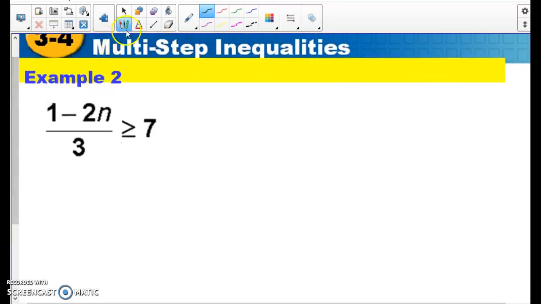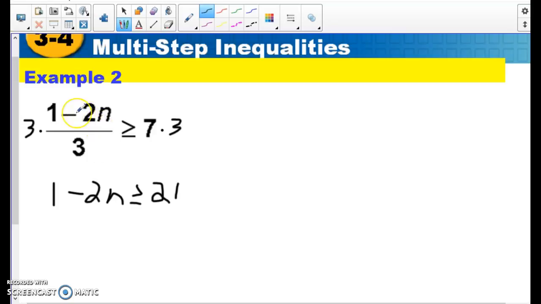Division problem, let's do this one since we really don't see these too often. So again, this says divide by 3, so I'm going to multiply by 3. Multiply by 3. So I have 1 minus 2n is greater than or equal to 21. And then it would be the same process.